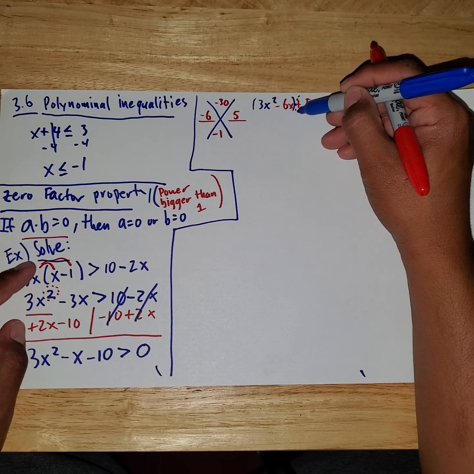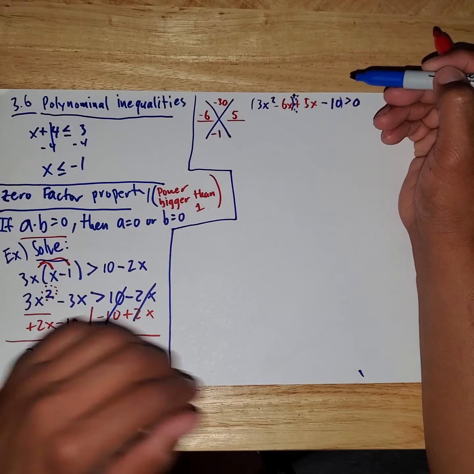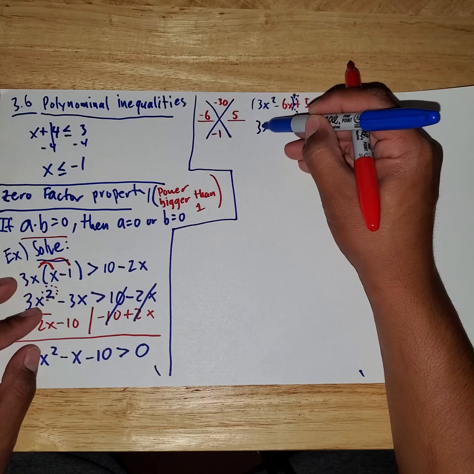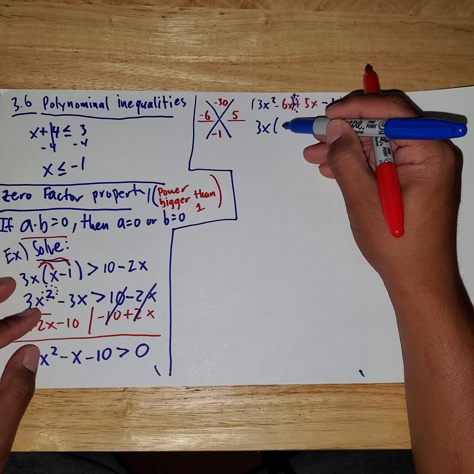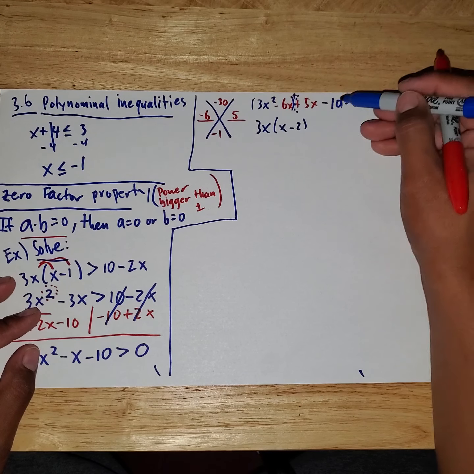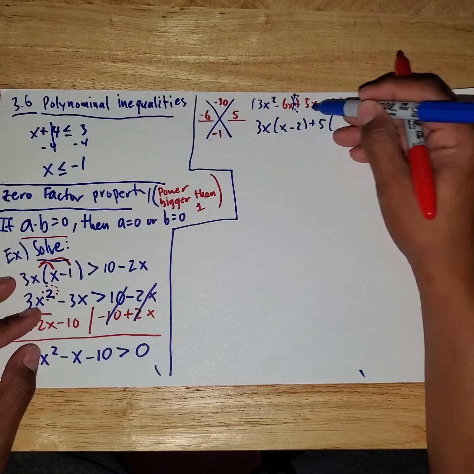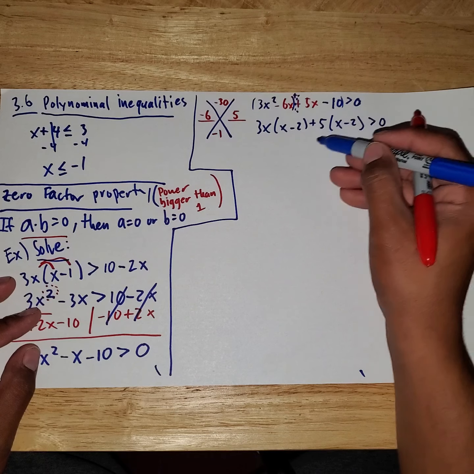I like to grab the sign just to remind me that it was positive. I always put a plus there to make sure they're not multiplying each other. Now the GCF here is 3x. Now we're left with x minus 2. GCF here is 5. And I'll just take out a positive 5. I'm left with x minus 2 greater than 0.